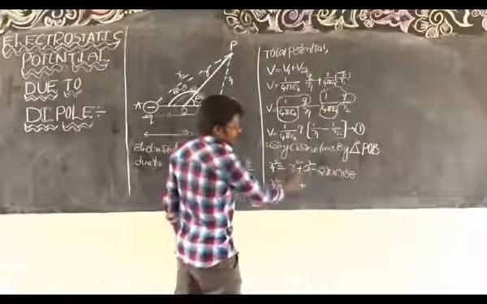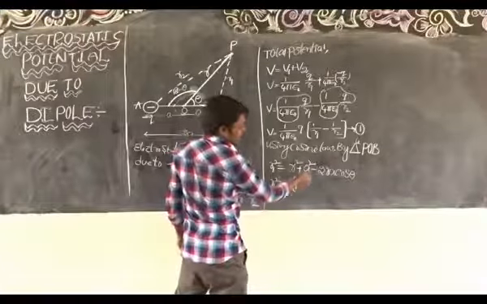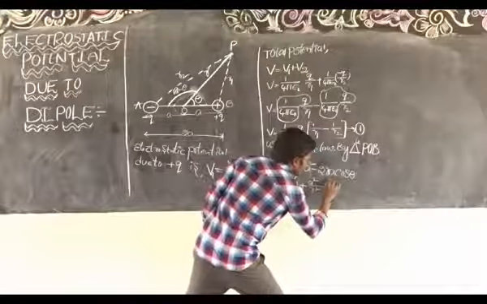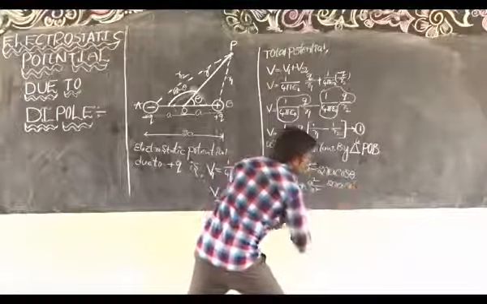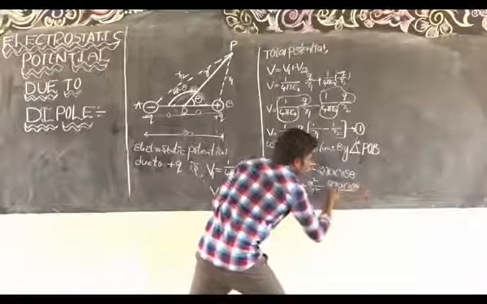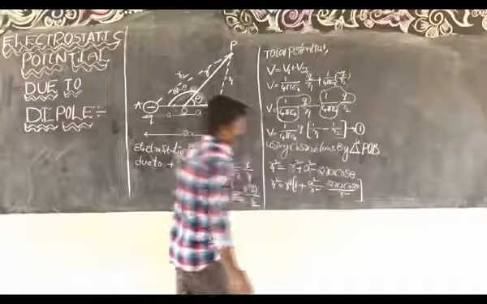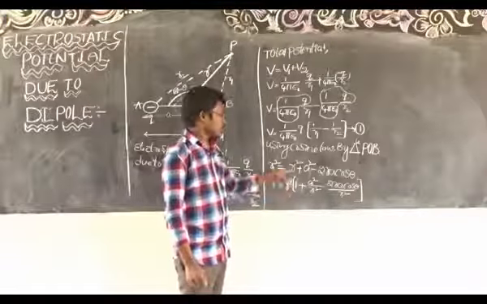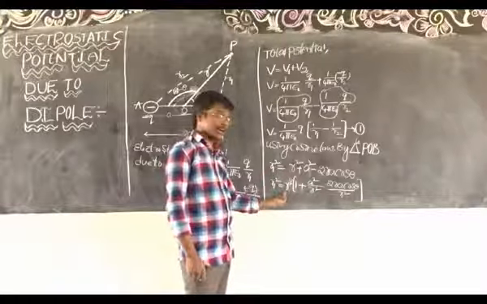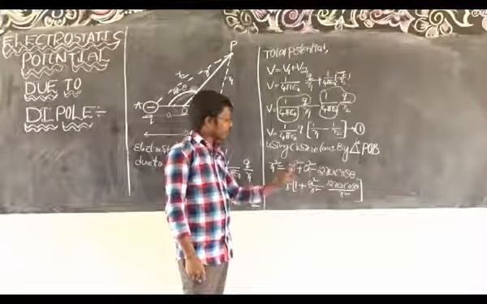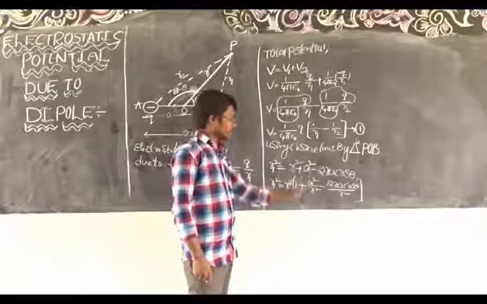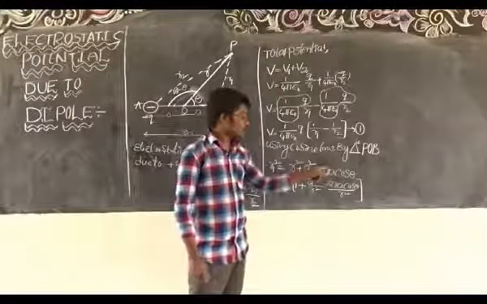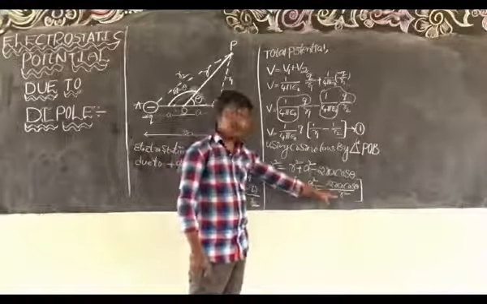R square I make common, so what remains is 1 plus, here no R square is there, so A square by R square, minus 2RA cos theta by, here also no R square is there, but I wrote common, so here also the denominator is R square.